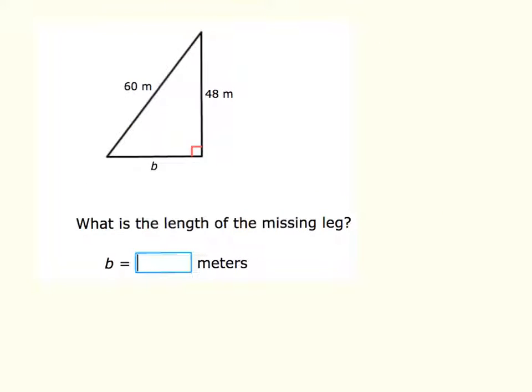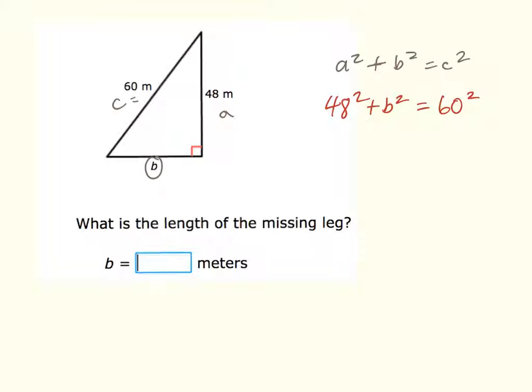All right, now this one looks harder because the numbers are larger, but if we're using a calculator, it's really not any different than what we've already done. A squared plus B squared equals C squared. And in this case, this will be A. B is what we're missing, and this is C. So let's go ahead and plug in 48 squared plus B squared equals 60 squared.